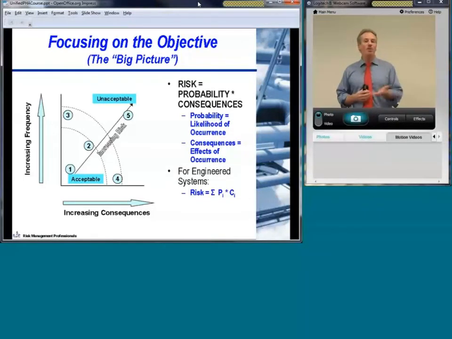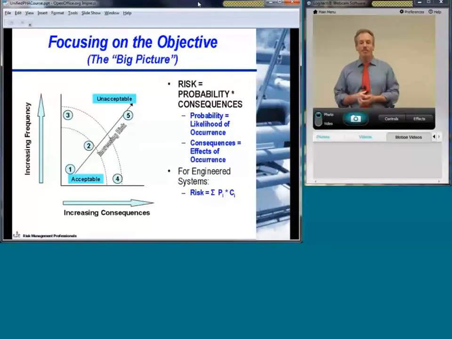Once you focus on the important issues, you can then identify, are there design fixes, are there things that need to be done to make improvements? So it's all about understanding the probability, understanding the level of consequences. That's what risk is, focusing on the high risk events, and then focusing on your design efforts, your operations attention to making those risks as low as reasonably acceptable.